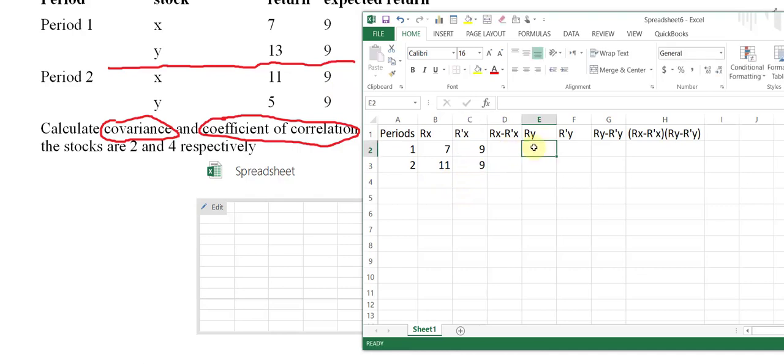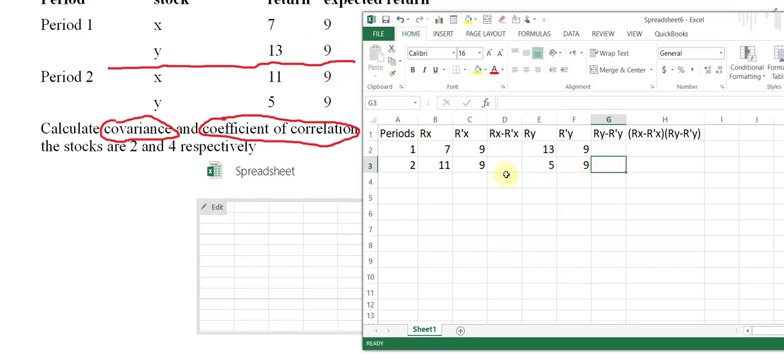Then go for stock Y. How much is the return of Y for period 1? It's 13. How much is for the second period? It is 5. How much is expected return of Y? It is also 9. In this example it is equal to 9 and so on.